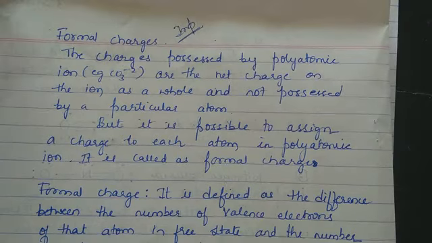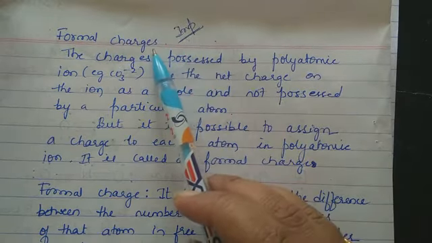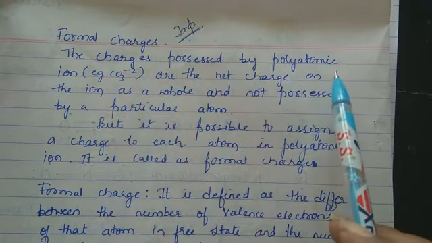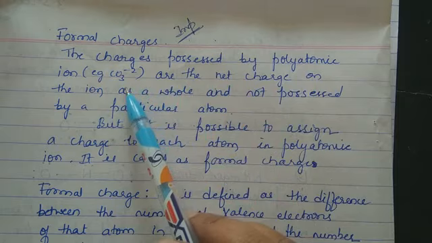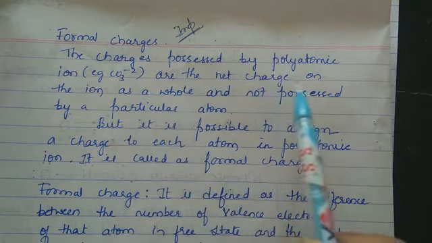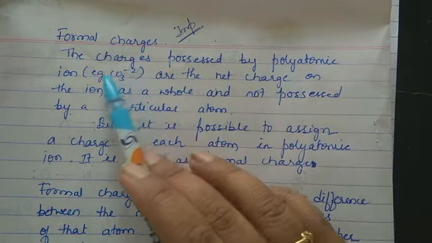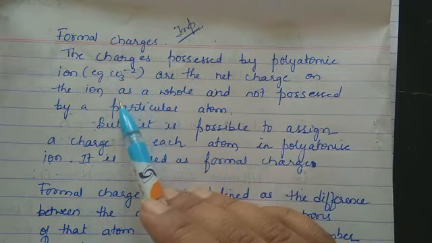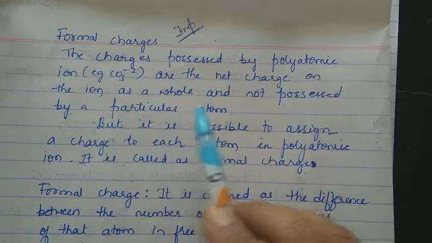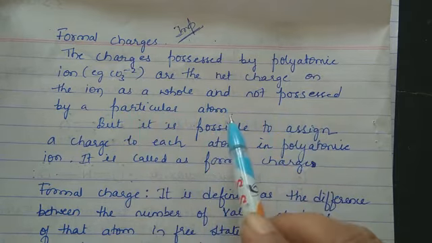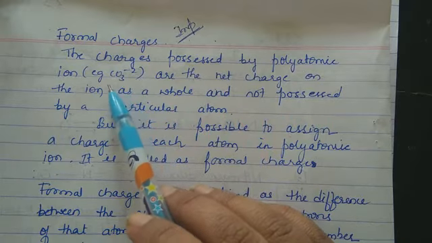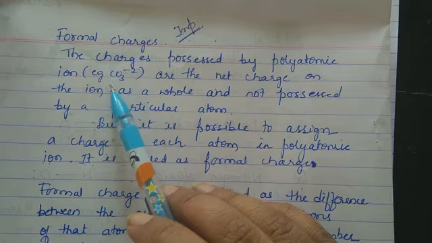Now we shall study another important aspect called formal charges. Now the charges possessed by polyatomic ions like CO3 2-, SO4 2- are the net charges on the ion. The ion as a whole has a net charge. In CO3, how many atoms are there? 4 atoms. 3 oxygen and 1 carbon atom.